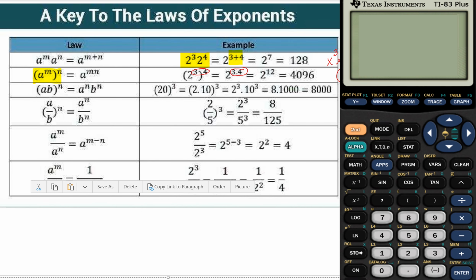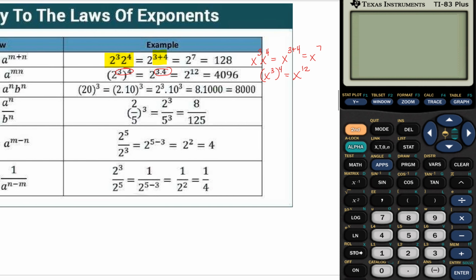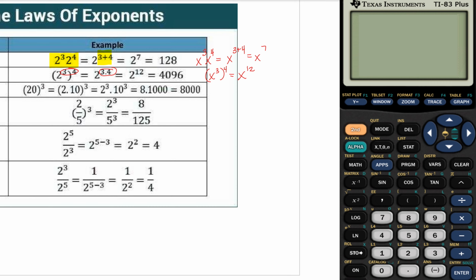Well, just multiply the 3 and 4 to get x to the power of 12. All right, anytime we have different bases, a times b, both raised to the power of n, well, then we distribute the n to both of them. Okay, I don't like the example given. I'm going to give you an example. If we had x times y in parentheses and we raised it to the power of 3, well, then I have to take that 3 and distribute it so that I get x cubed, y cubed.